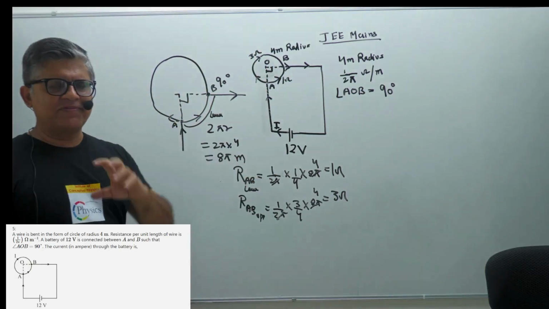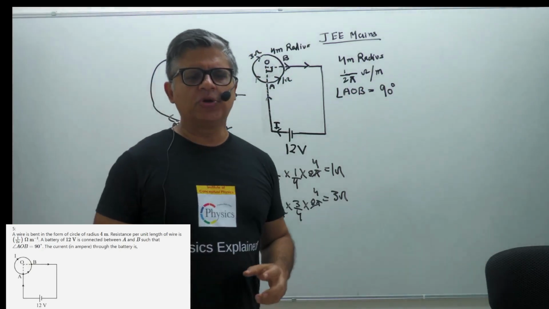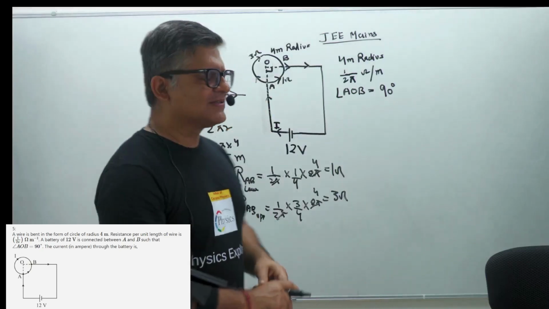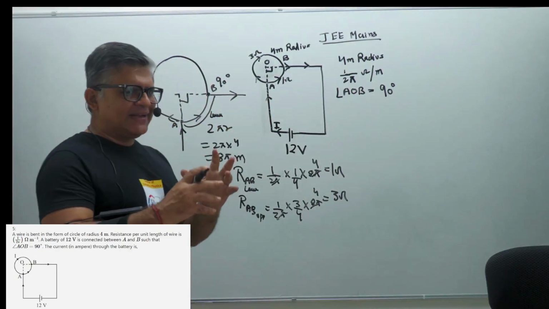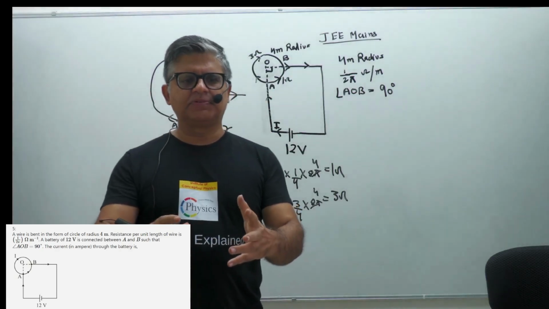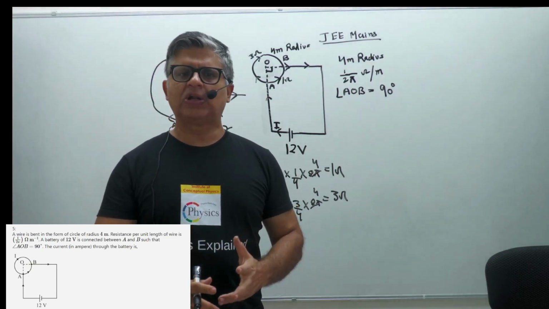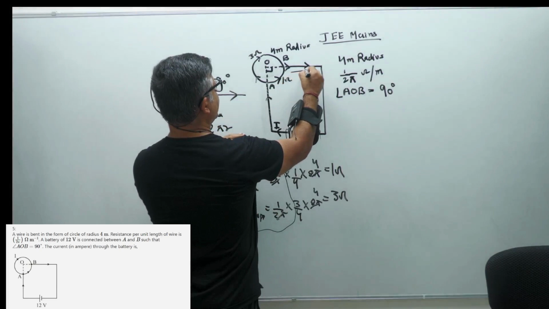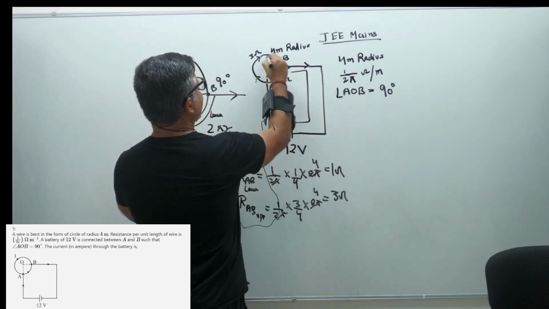Now, when I started discussing this question, I told you the confusion is because of the circle. If you look at the circle, what is the next step? You can apply Kirchhoff's current law and say that we will apply a loop here and a second loop here.